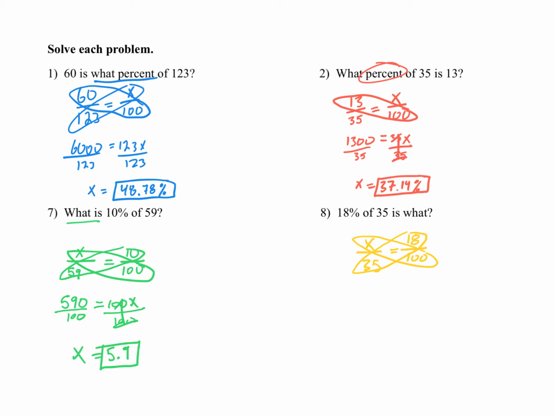So I end up with 100x is equal to 630. If you use a calculator, you'd get that 18 times 35 is 630. Then we need to divide by 100. So the 100's reduced to 1, I end up with x is equal to 6.3 because I'm dividing by 100, so the decimal comes over twice. Since it's 6.3, again, I'm not going to write the percent because I already have the percent. It's looking for the part of the number.